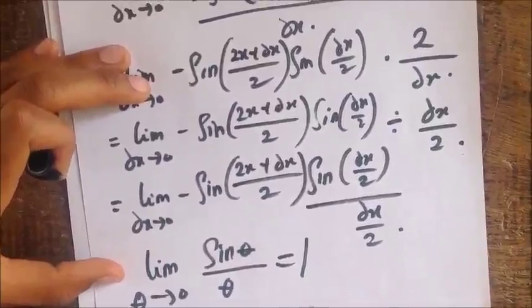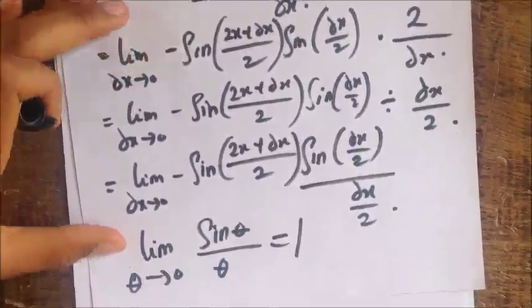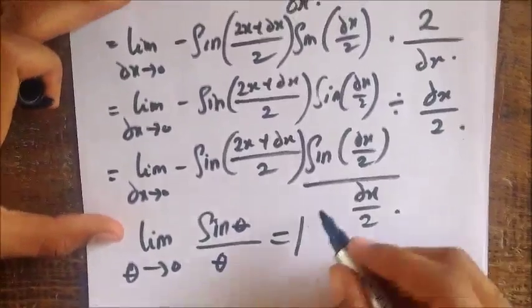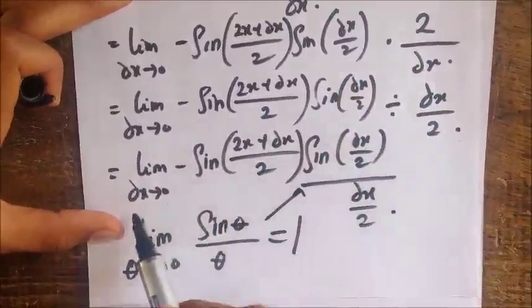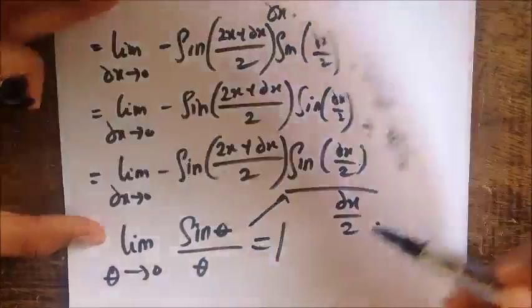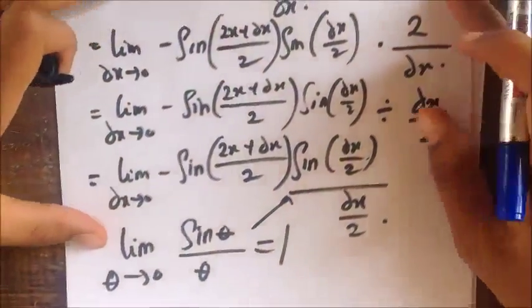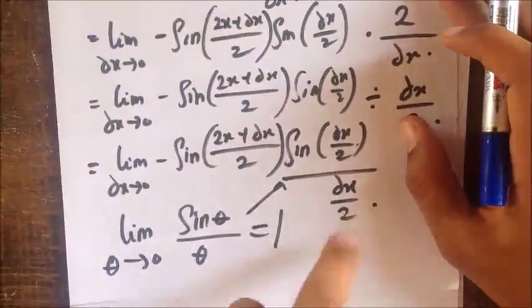Will I call it an identity? Okay, this is a fact, a given fact. So we'll use this rule to simplify this term. You can see that this is delta x tends to 0 of sine of delta x divided by 2, and all divided by delta x divided by 2. So we'll just use this rule to simplify this. We can see already that this is going to be 1.